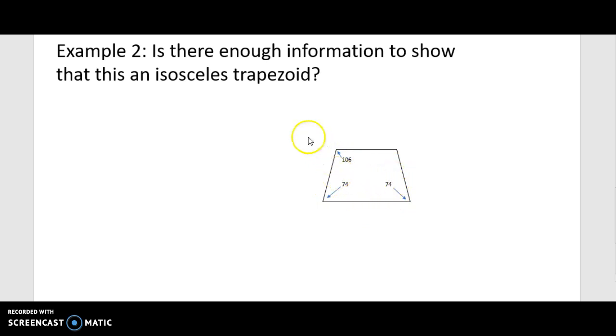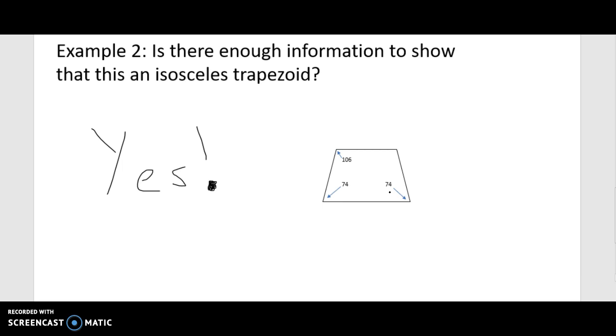In addition to that, I can also see that these bottom two angles are congruent. They're both 74 degrees. That's one of our determining factors for whether it's isosceles or not. So for this one, I can say without a doubt that yes, this is an isosceles trapezoid, because the only category it fits into is a trapezoid, and then because I have these two congruent angles, I also have an isosceles trapezoid. So that's what you guys should have gotten out of this chapter.